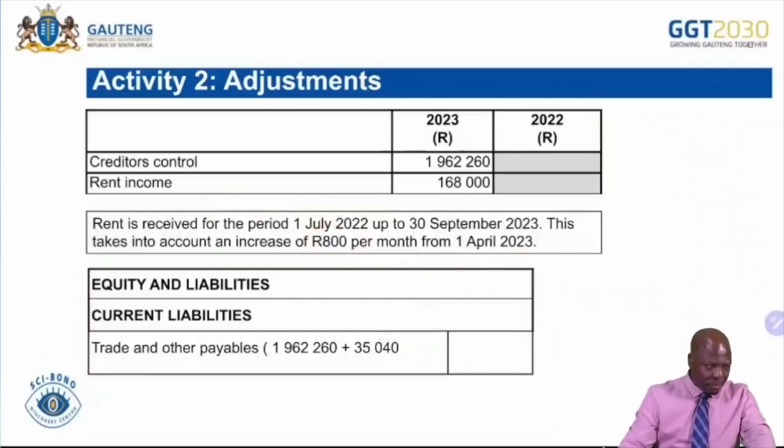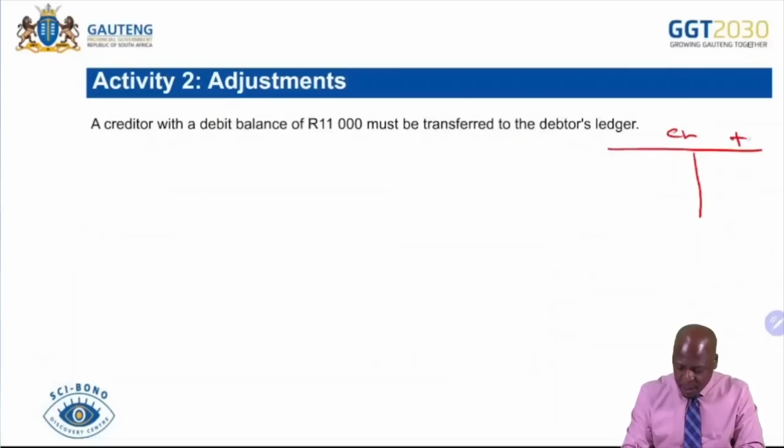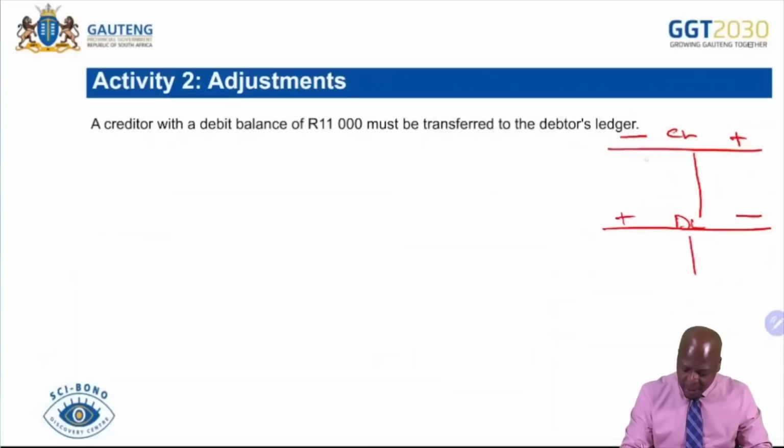Okay, let's do that. The next adjustment says a creditor with a debit balance must be transferred to the debtor's ledger. So here I have my creditor's ledger, here's a plus and here's a minus, and here I'm going to have my debtor's ledger, which has a plus and a minus. A creditor with a debit balance, so here's a debit balance of 11,000, must be transferred to the debtor's ledger.